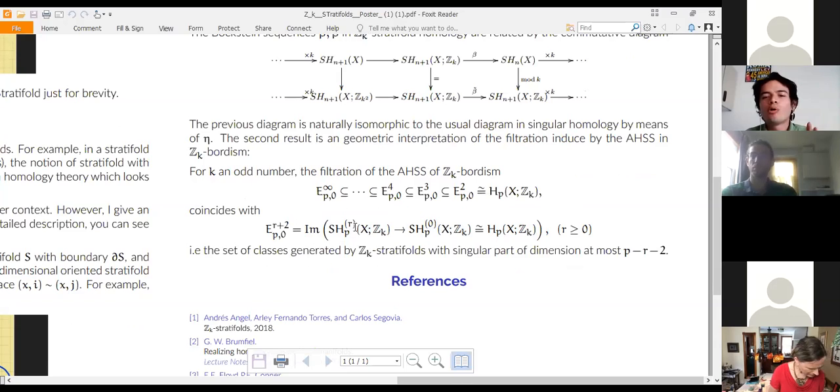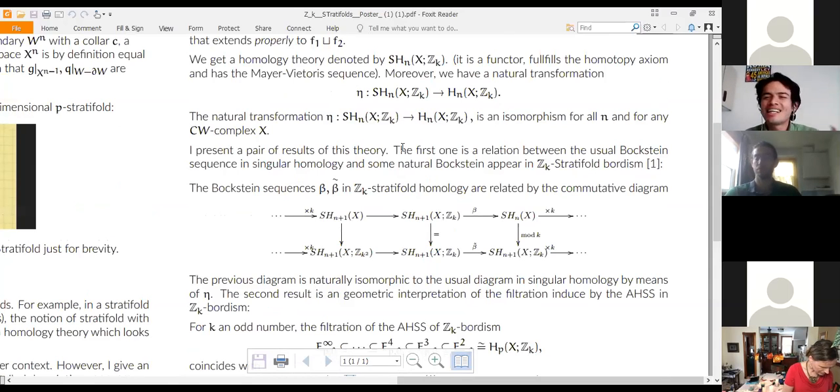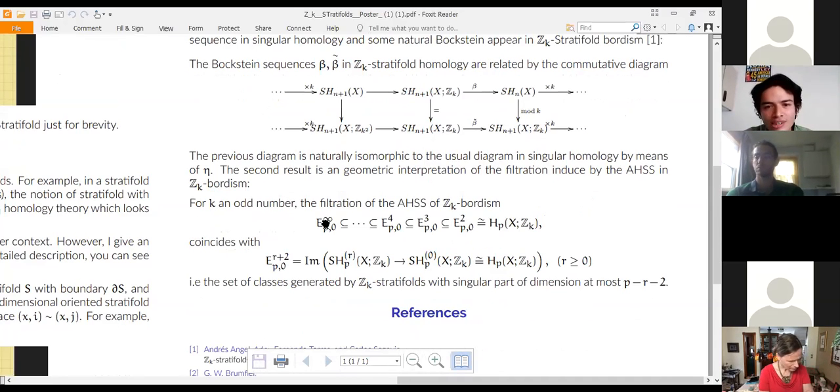We can impose some natural conditions to get other homology theories. And for these homology theories, we have a natural inclusion. And with this natural inclusion, we can give a geometric description for this filtration.